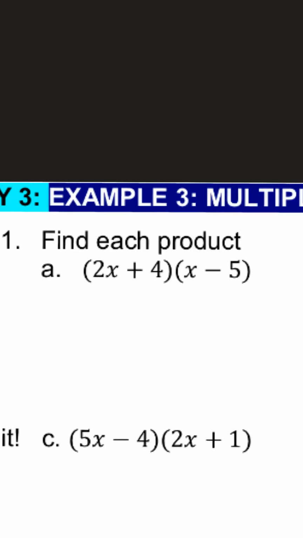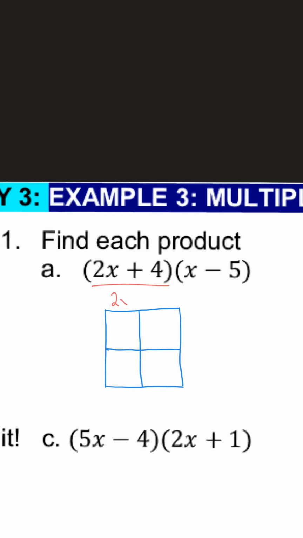So the book's way is the area method, which tells us to draw a box, a place for each term. So I have a binomial and a binomial, which means I need 2 spaces on the top and 2 spaces on the left. So I'm going to just pick one, and I'm going to use the top right here, this 2x plus 4.